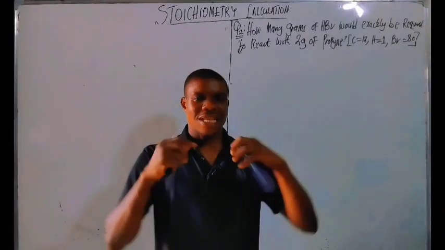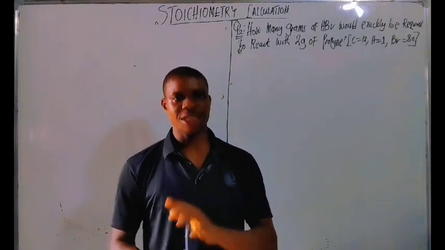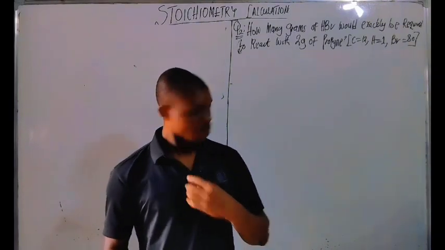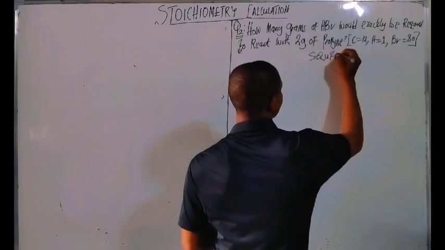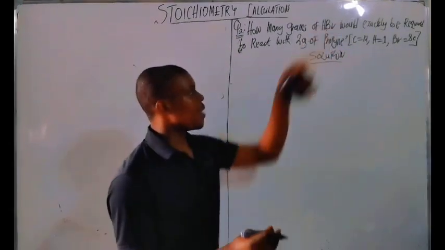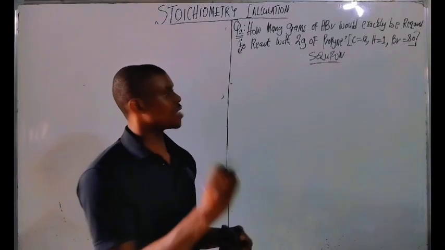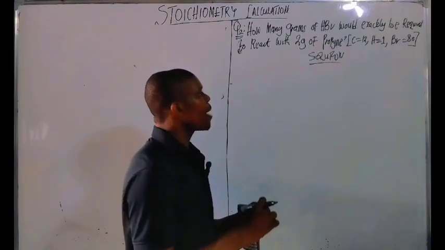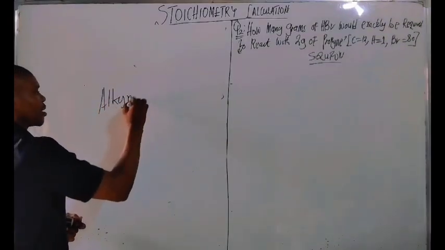Question 2. Getting the balanced chemical equation will be our issue, but I'm going to explain to you. So solution: how many grams of hydrogen bromide would exactly be required to react with 2 grams of propyne? Propyne is an alkyne, right?